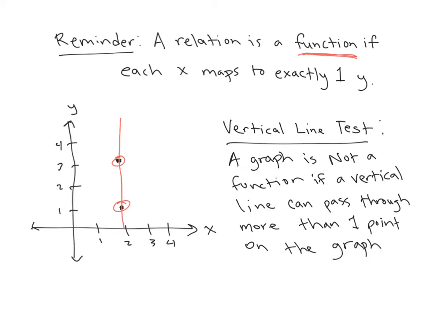So if there's a section on the graph like this one here where you can draw a vertical line and it passes through two different points, then it is not a function. If everywhere you draw a vertical line it would only pass through 1 or 0 points, then we're going to say that it is a function.